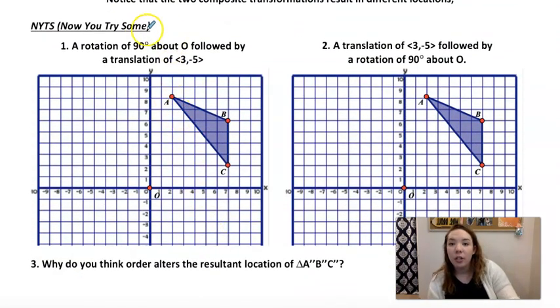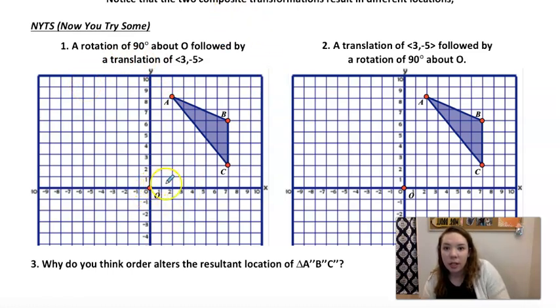Now we're going to try some together. This one says a rotation of 90 about the origin followed by a translation of right 3 down 5. Remember, a rotation of 90 degrees being positive means we're going counterclockwise, so we go from quadrant 1 to quadrant 2, and it also means we're switching the order of our coordinates.